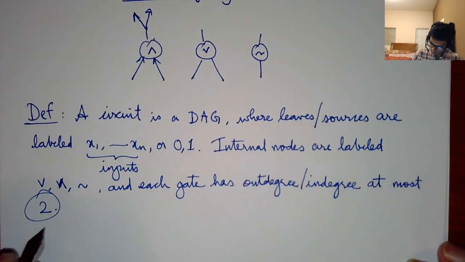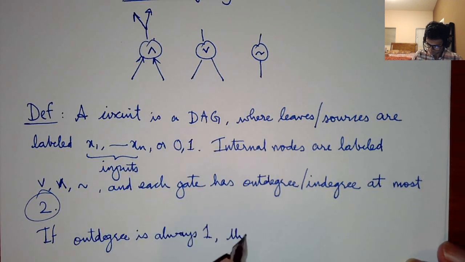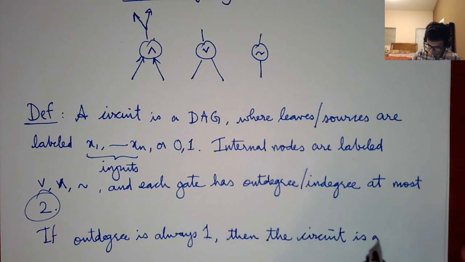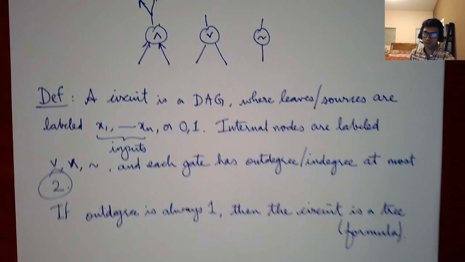And if the out degree is always 1, then the circuit is a tree, and this is just called a formula. This is called a formula, which is different from a circuit.